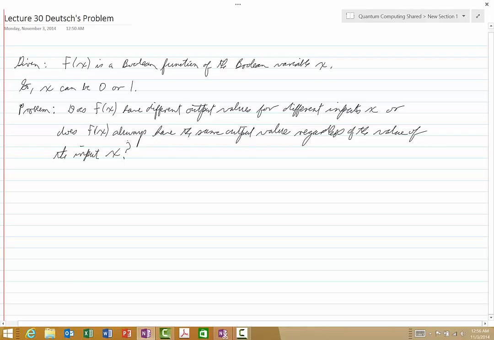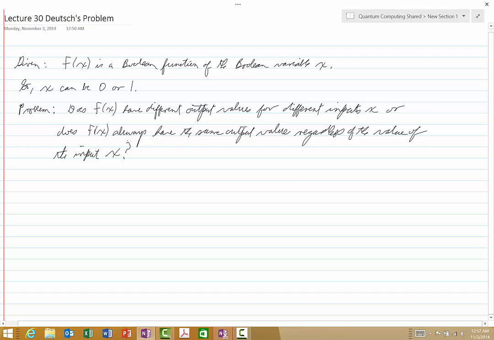This is what we're trying to solve, and this will be the first algorithm that we've discussed in which we will see a clear advantage from quantum computing over classical computing.